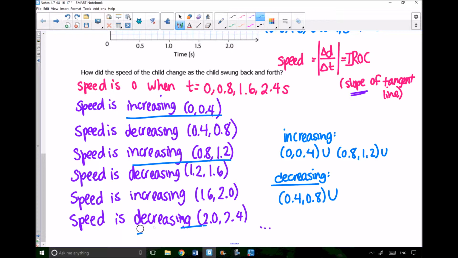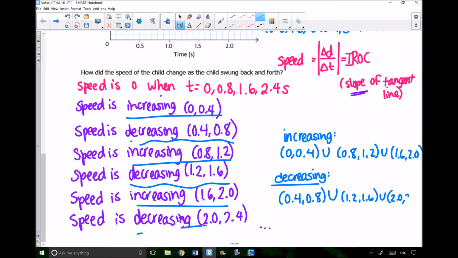This is incorrect. We would say it's increasing from 1.6 to 2.0. Sorry about that. It's decreasing from 0.4 to 0.8, as well as 1.2 to 1.6, as well as from 2.0 to 2.4. Okay, so now we've used the idea of the slope of a tangent line to help us figure out where the speed is increasing and where the speed is decreasing.